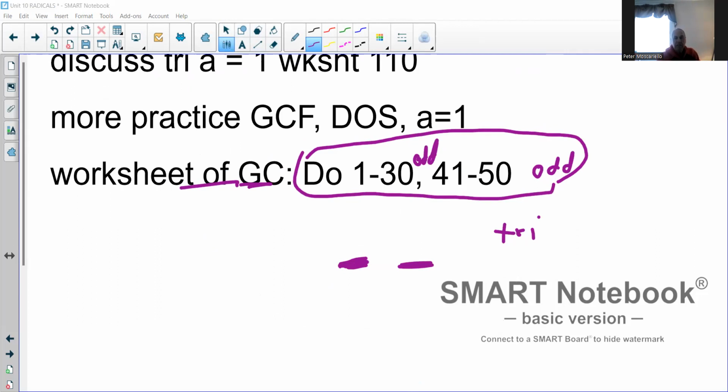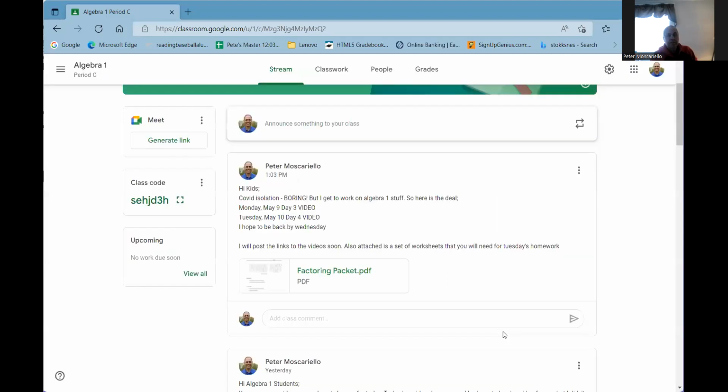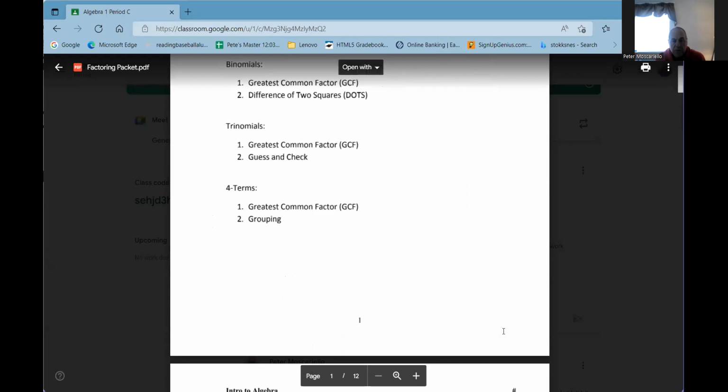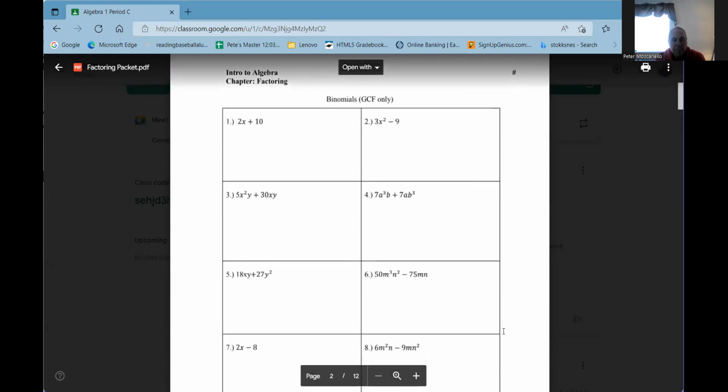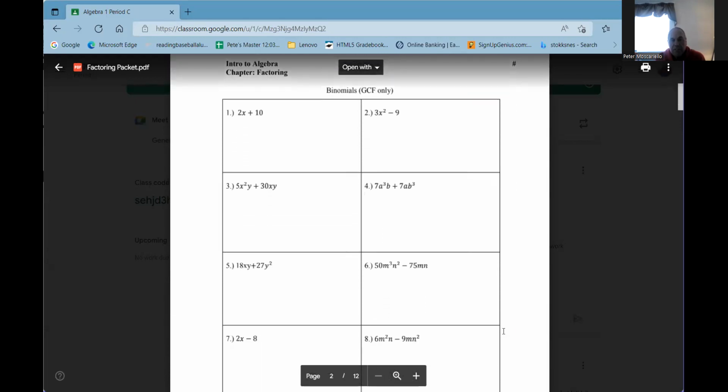All right, let me share the screen here. Okay, this was from your Google Classroom. It says factoring packet. So it's this factoring packet, looks like this. And when I say 1 through 30 odd, scroll up, there they are. And it even tells you how to do them.